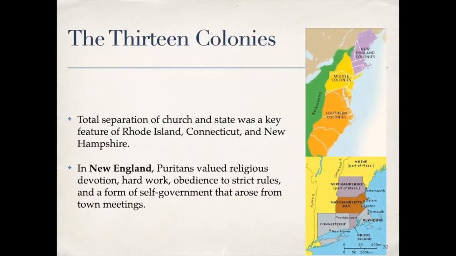Total separation of church and state was a key feature of Rhode Island, Connecticut, and New Hampshire. In New England, Puritans valued religious devotion, hard work, obedience to strict rules, and a form of self-government that arose from town meetings.